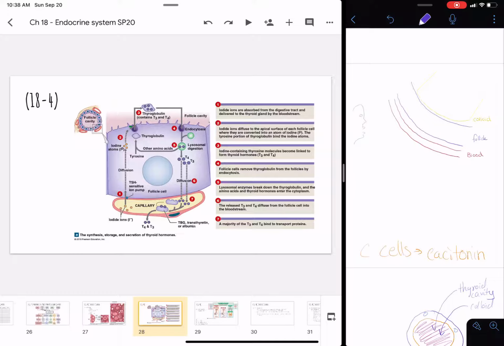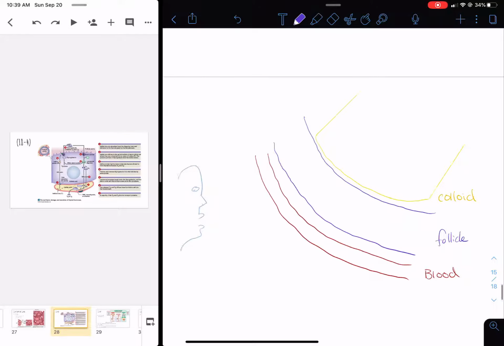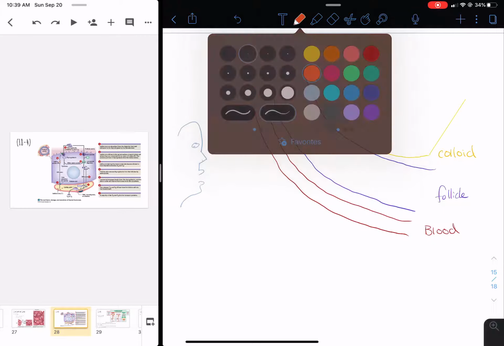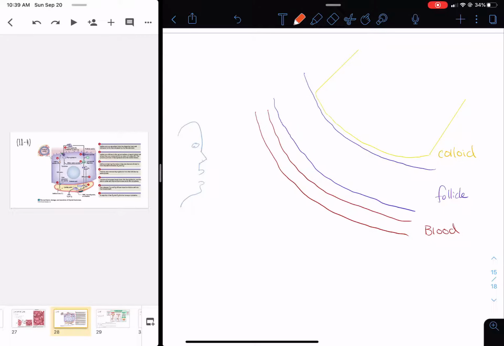At the bottom, we have the blood capillary, which I also have here as a blood vessel. Feel free to use the book's rendition or this picture, whichever is easiest to understand. We'll start with an iodide ion. This is a terrible picture of a person, so I apologize.